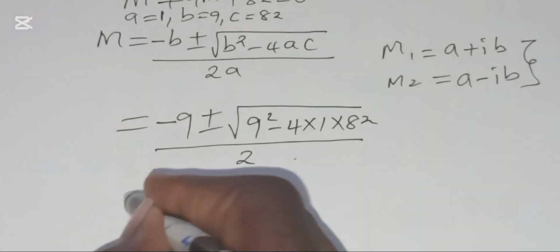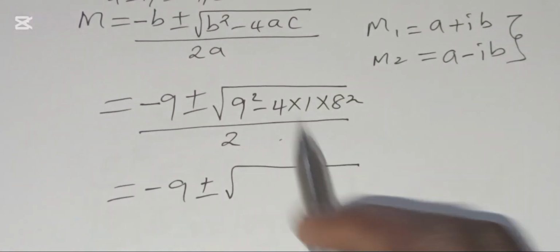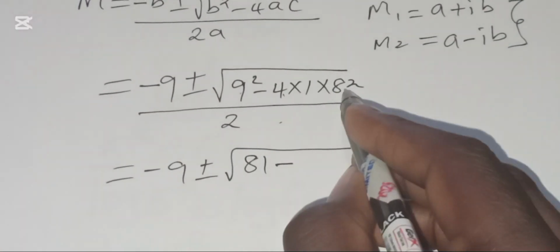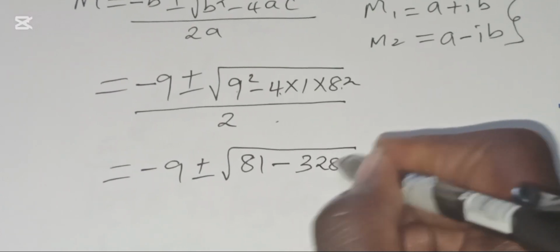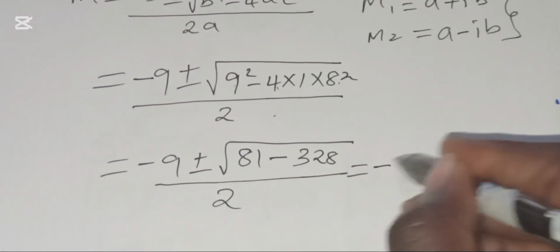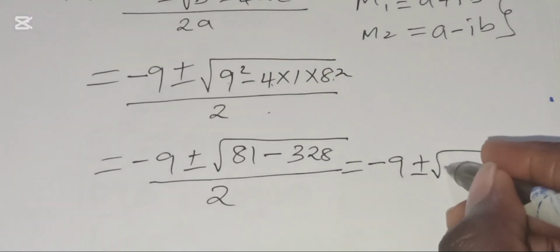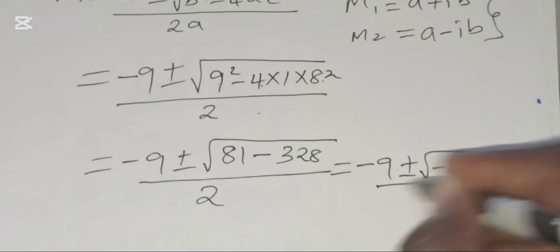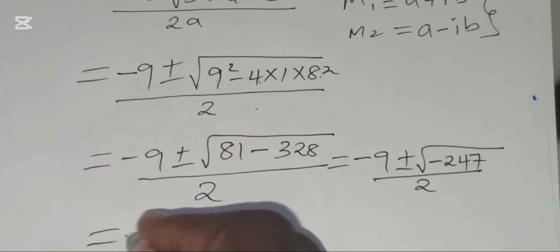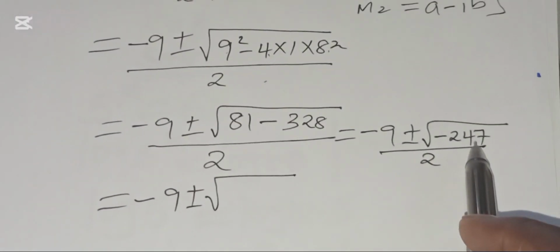So this is negative 9 plus or minus the square root of 9 squared, which is 81, subtract 4 times 82, this is 328, divided by 2. So this is equal to negative 9 plus or minus the square root of negative 247, divide everything by 2. Okay, so we are going to have negative 9 plus or minus, now we can express negative 247.